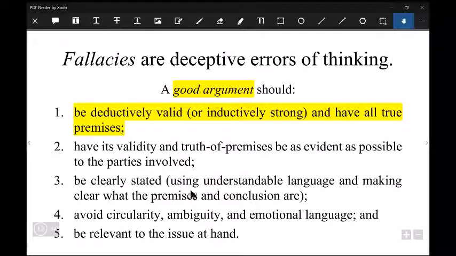And it might not be clear what the premises or conclusion are. So clarity is an important thing. Also, a good argument should avoid circularity, ambiguity, emotional language, and it should be relevant to the issue at hand. And these are our first 5 fallacies that we will see.